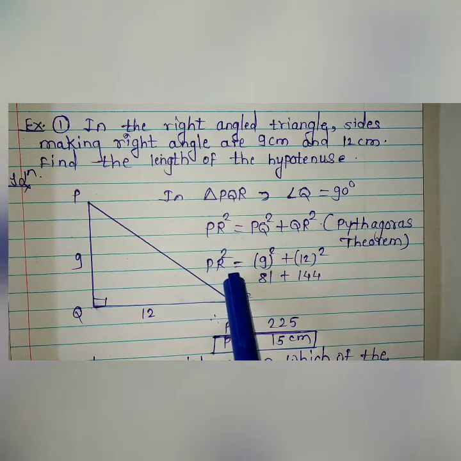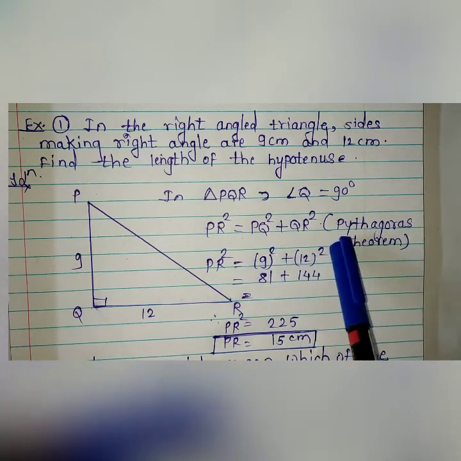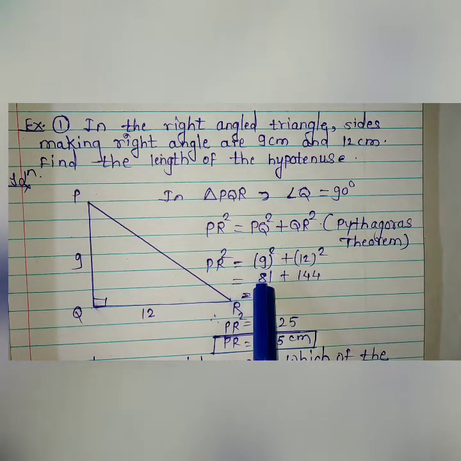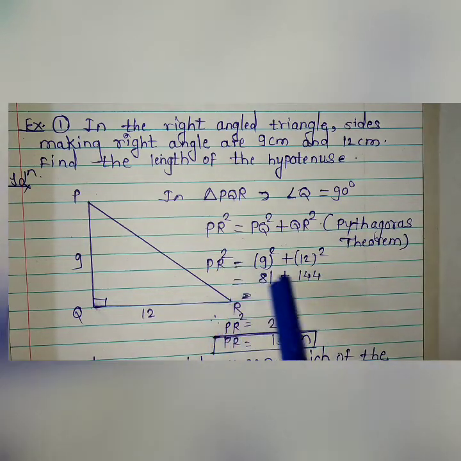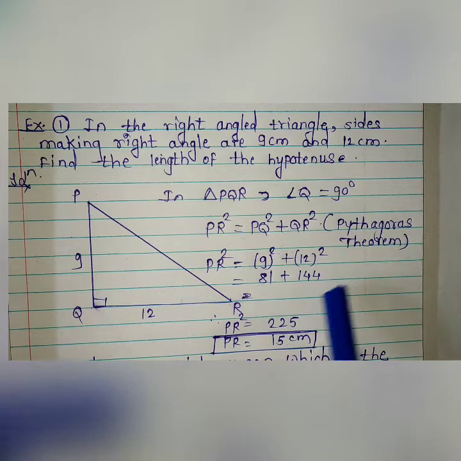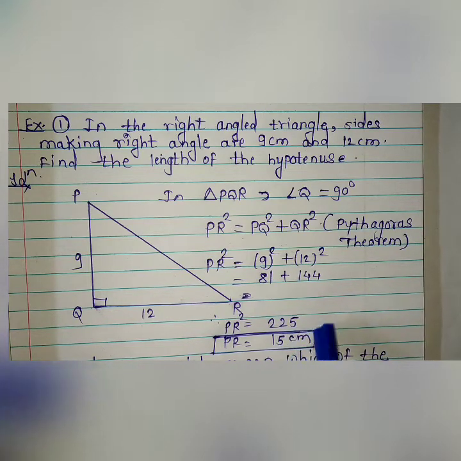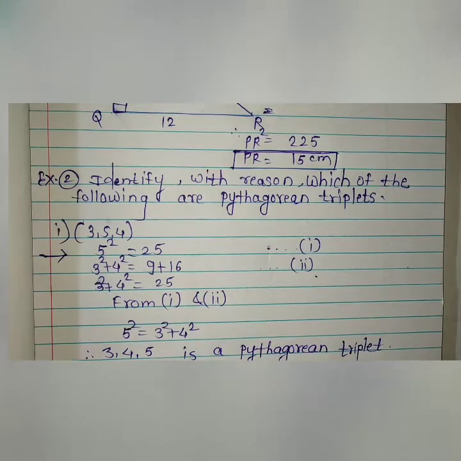Therefore, PR square is equal to 9 square plus 12 square, and 9 square is 81, 12 square is 144. Therefore, 81 plus 144 is equal to 225. Taking square root, we get PR is equal to 15 centimeter.